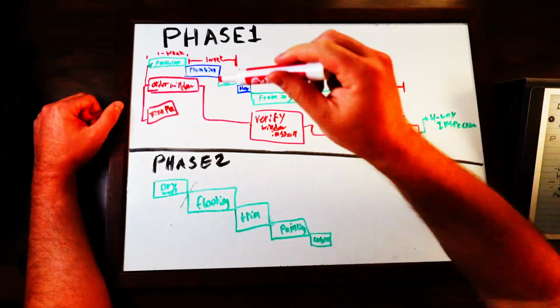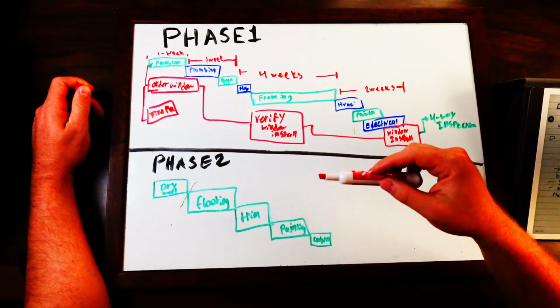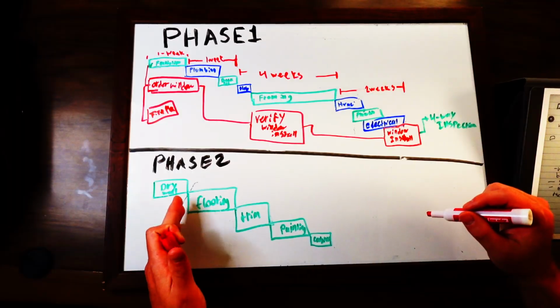The reason being is we go to our next phase of drywall, flooring, trim, painting, and cabinets. The fireplace can be installed anytime after drywall and after painting, let's say, during the building process. So it's not going to delay anyone, but the closer you get to the certificate of occupancy, you need to have it.